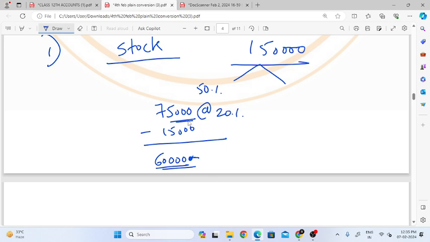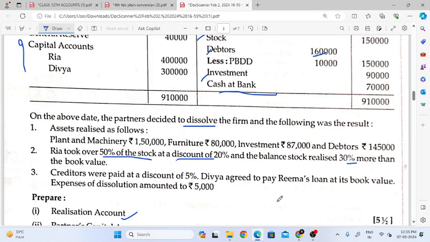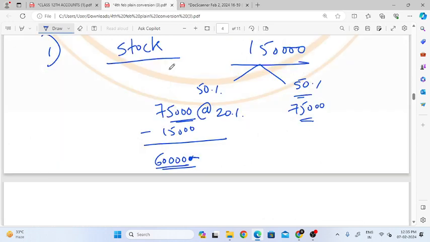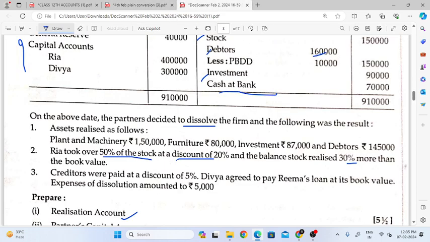Then what about the remaining stock? Now 75,000 is the remaining stock, right? What they have mentioned is that the balance stock, whatever is left, is realized at 30% more than the book value.